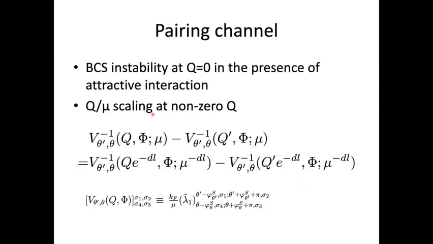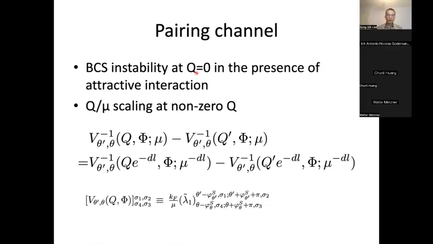So in the pairing channel briefly, again, you can look at the flow equations of the BCS coupling at general center of mass momentum. And as we know, at the Q equals 0 channel, there's a BCS instability. The coupling grows logarithmically if the UV coupling has some attractive channel.